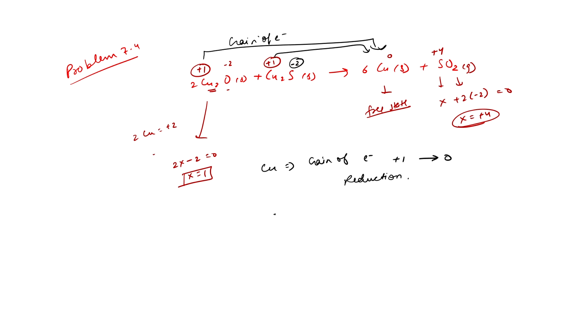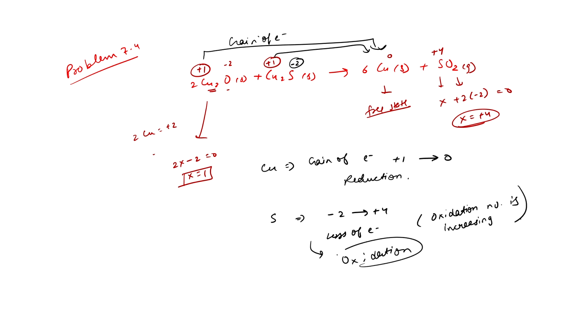In case of sulfur, sulfur is going from -2 to +4, it means loss of electrons, or you can say the oxidation number is increasing. So, that means it is oxidation, and both reduction and oxidation reactions are taking place in this.